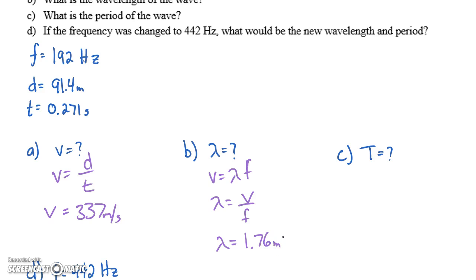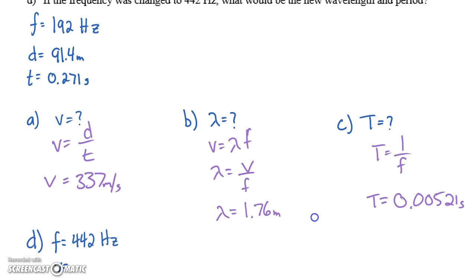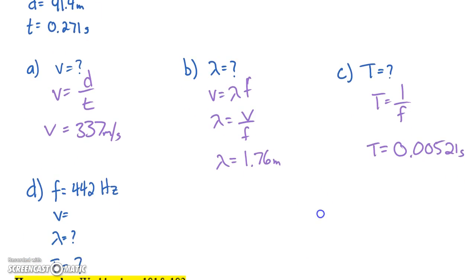So this is a pretty long wave. And period is going to be calculated as 1 over the frequency, and so that would give us 1 over 192, which is going to be a very small number, 0.00521 seconds.